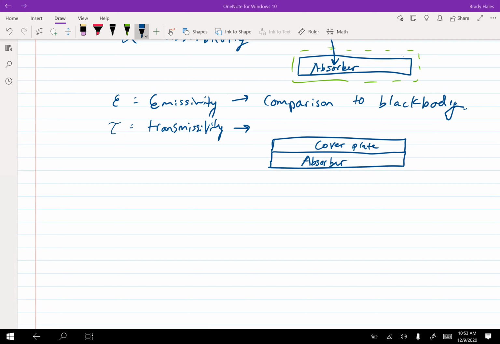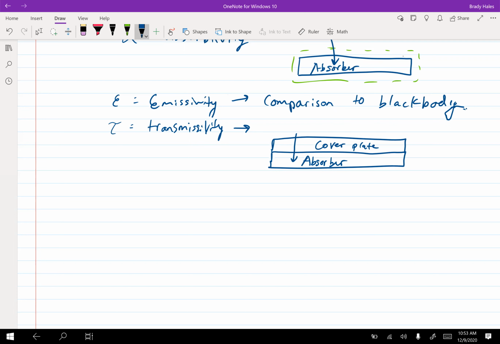So for example, in your project, it would often be assumed that this cover plate is fully transparent. In other words, all of it is transmitted through the cover plate to the absorber plate, right? Now, if your transmissivity was 0.8, then that means that there is either some reflectivity or absorptivity or both in the cover plate itself, which for a real surface would definitely have some effect, right?